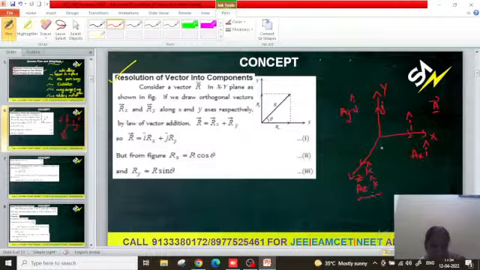To show vectors with the coordinate system, we represent their direction along with their unit vectors. For example, vector a bar will be equal to ax into i cap plus ay into j cap plus az into k cap.